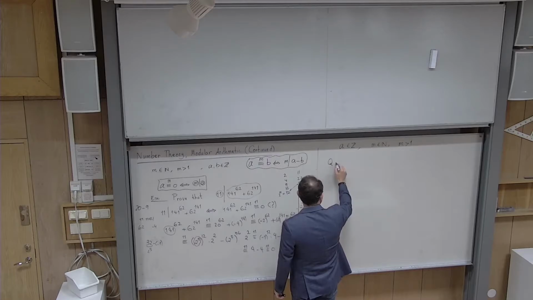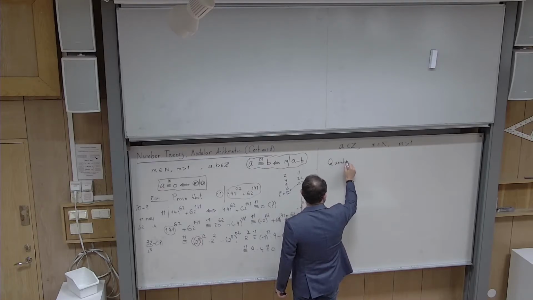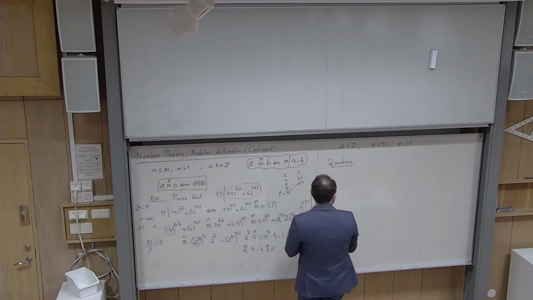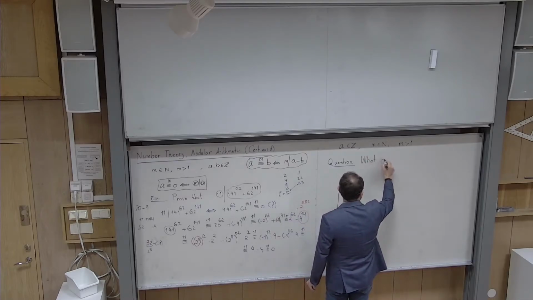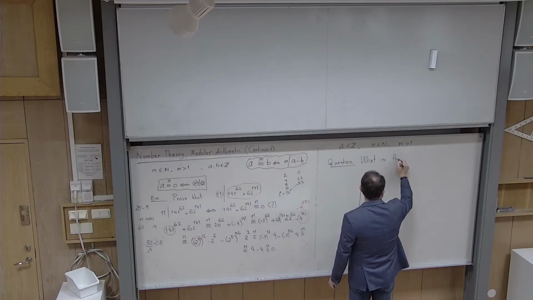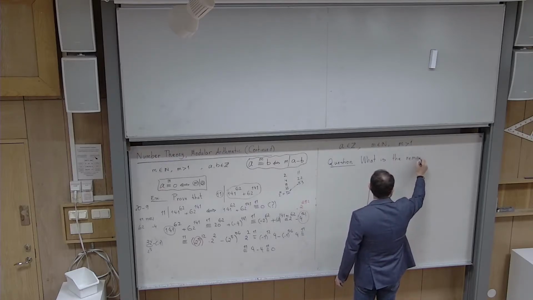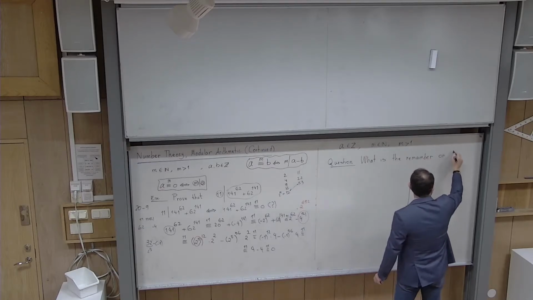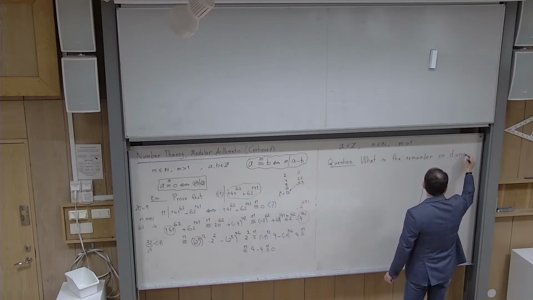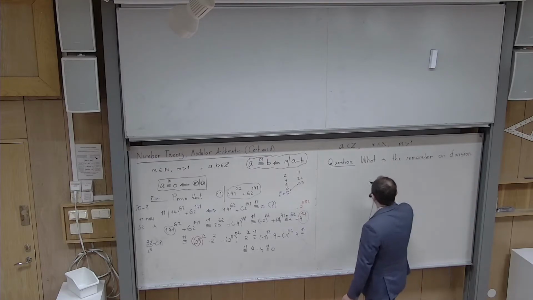This is the question: what is the remainder on division of a by m?